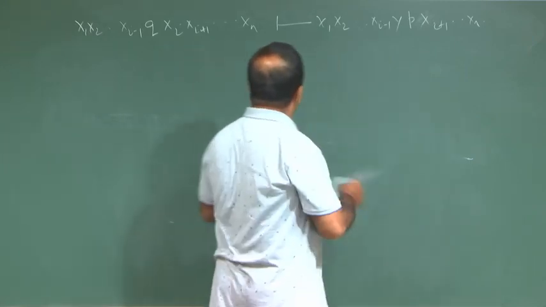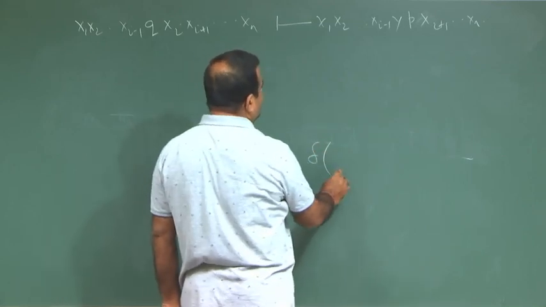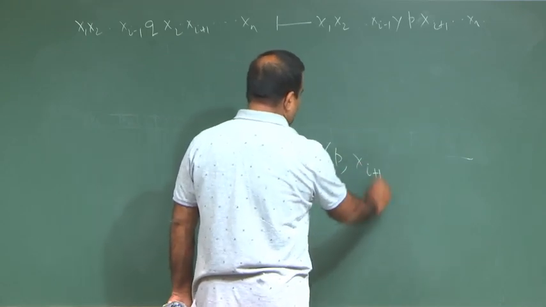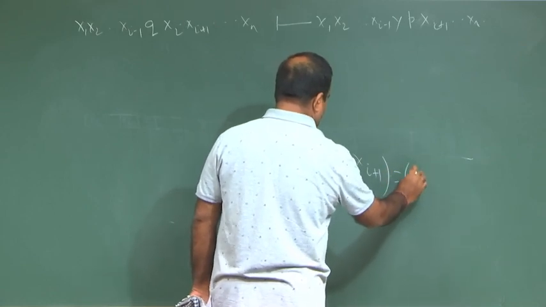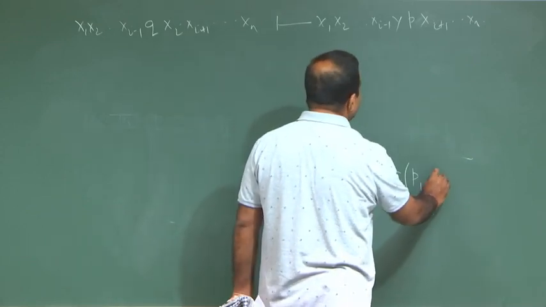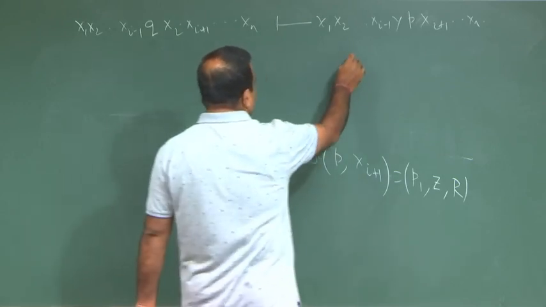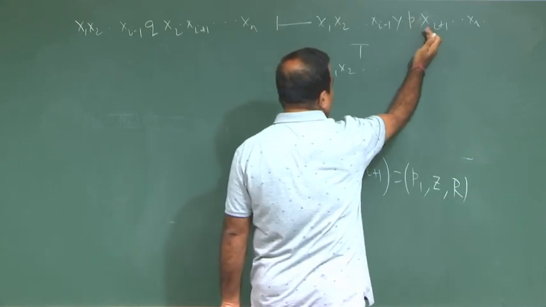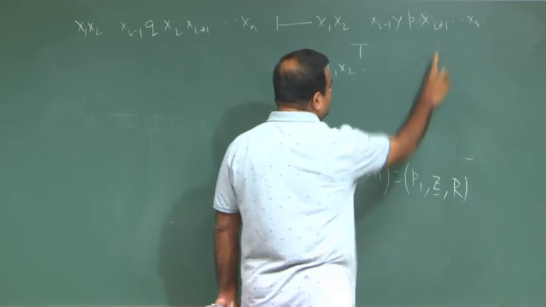Now if it goes to the next symbol, suppose we have a rule delta of p, xi plus 1 going to some state p1, writing Z, and the move is still R. Then it will replace this symbol by Z and go to the right.